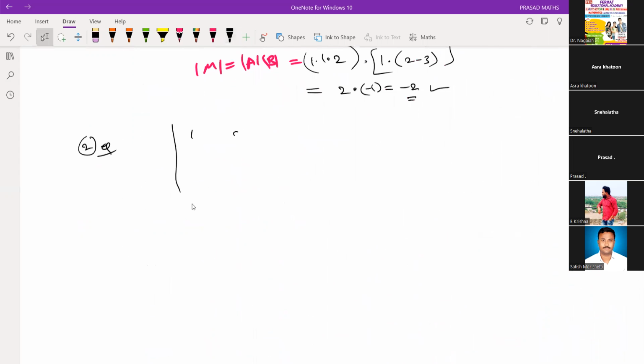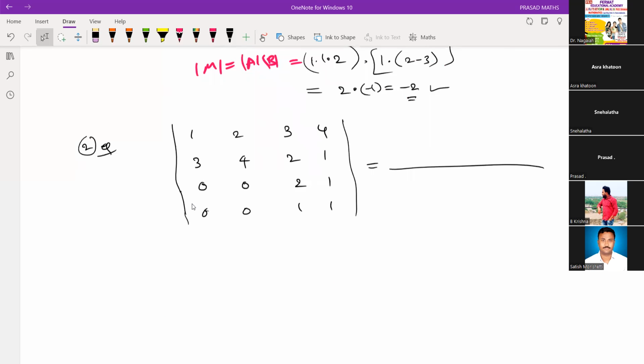Suppose you take another example: 1 2 3 4, 3 4 2 1, 0 0 2 1, 0 0 1 1.